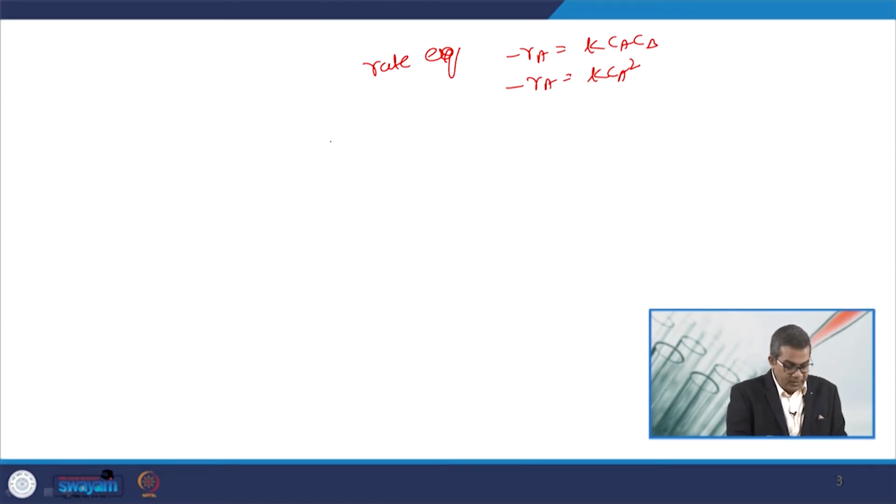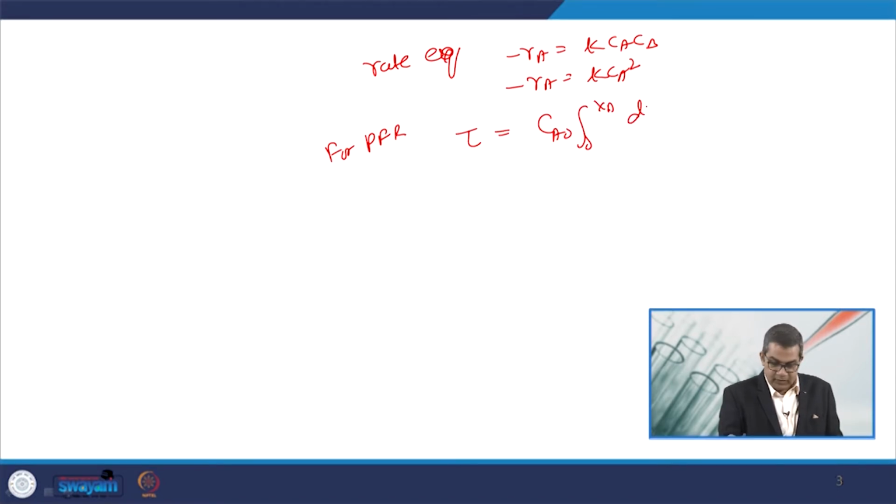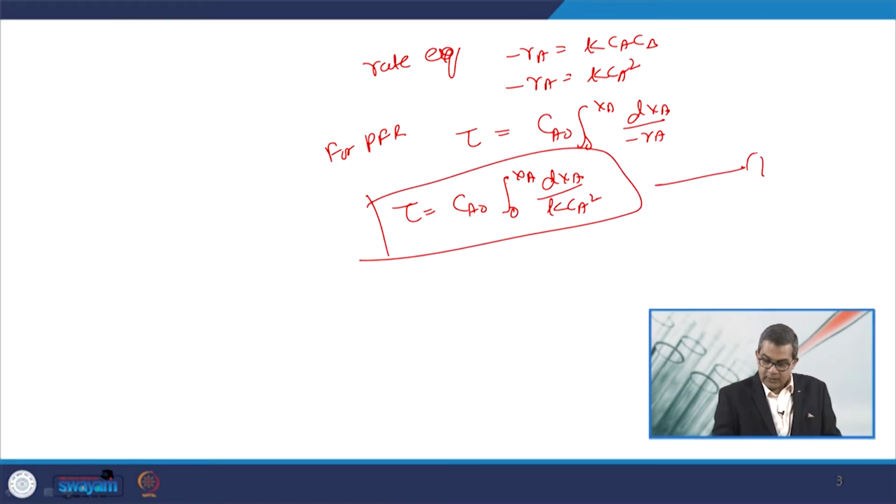Now for the PFR, the performance equation can be written as tau is equal to Ca naught integral 0 to Xa dXa upon minus Ra, or tau is equal to Ca naught integral 0 to Xa dXa upon K Ca square. This is my equation number 1.